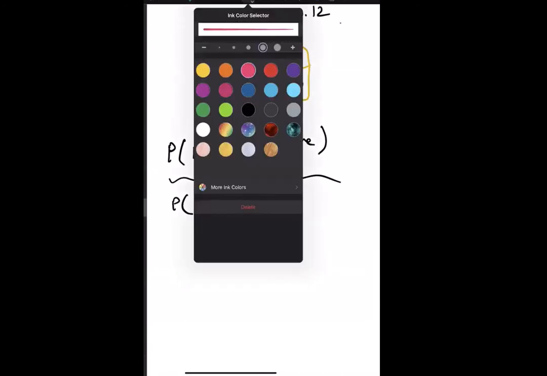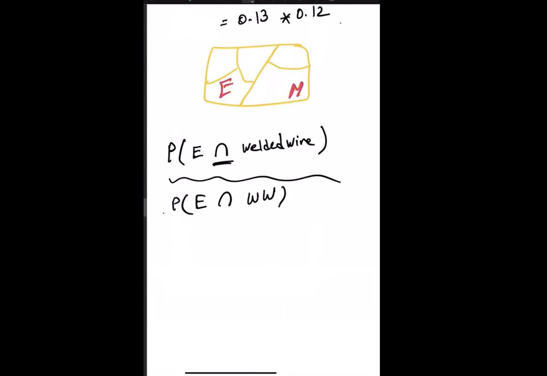Remember, I told you in the previous session, there are two ways for you to write this. What are those two ways? How can you rewrite this probability? Philip, you can answer.